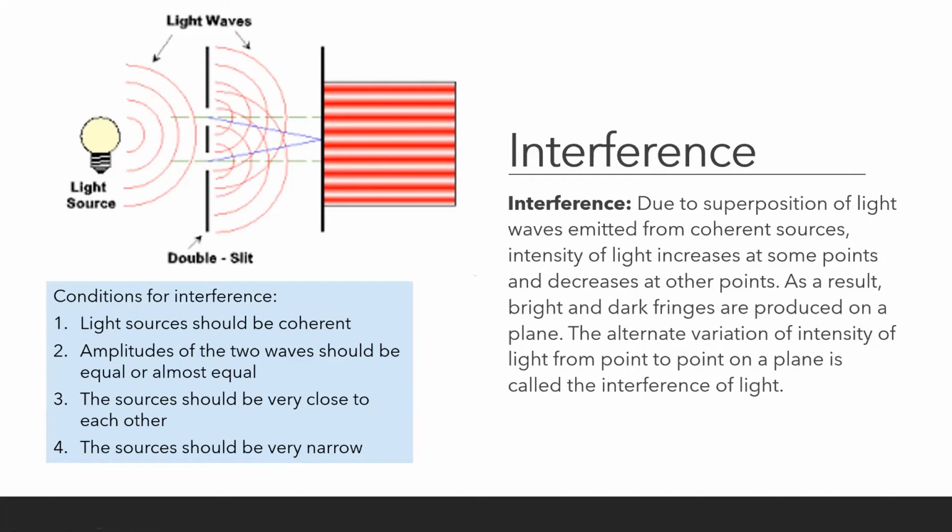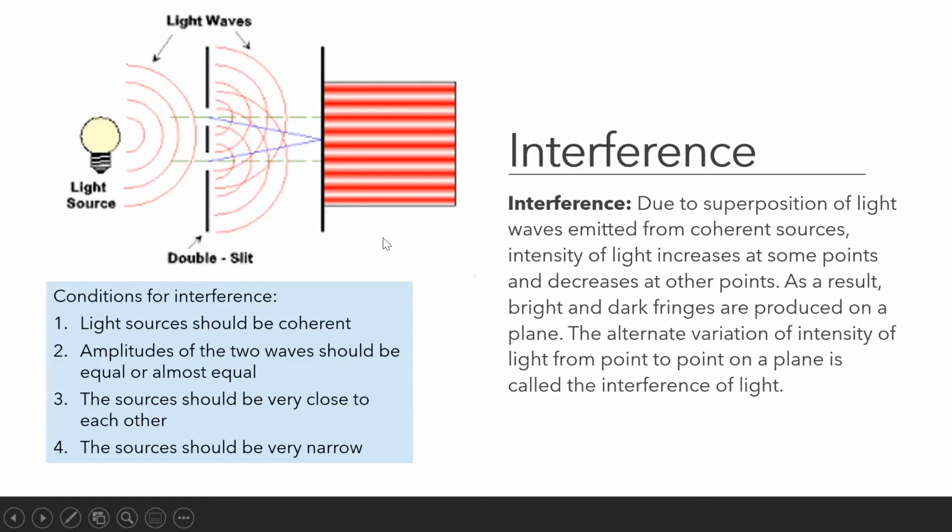So fringes means just bands. So dark and bright fringes are produced on a plane. So you can see that on a screen. The alternate variation of intensity of light from point to point on a plane is called the interference of light. So this process is called interference.